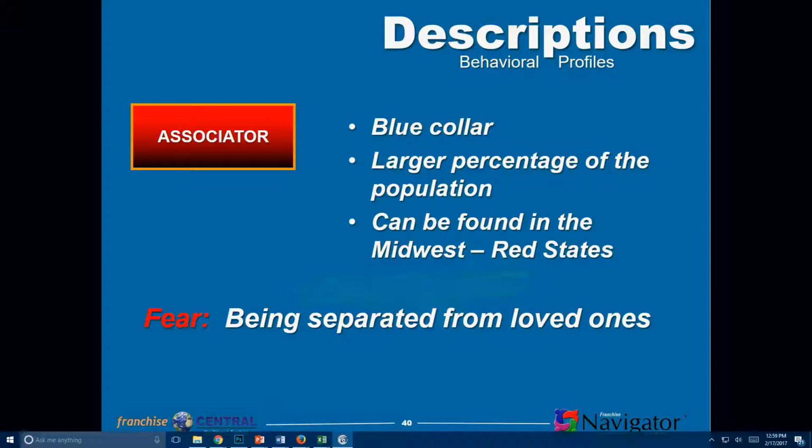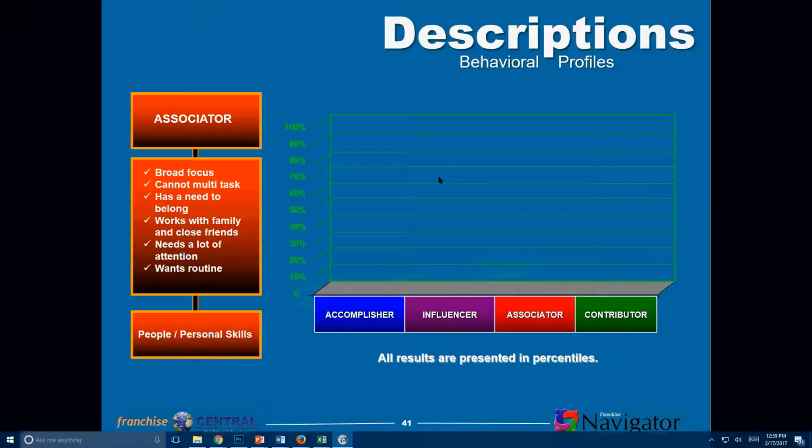They want to be a part of something, whether it's family, the church, the Chamber of Commerce, the sports team. Doesn't matter. It's wherever they can be an integral part of it. They may not contribute to it. They're mostly participants, but they definitely want to be a part of something.